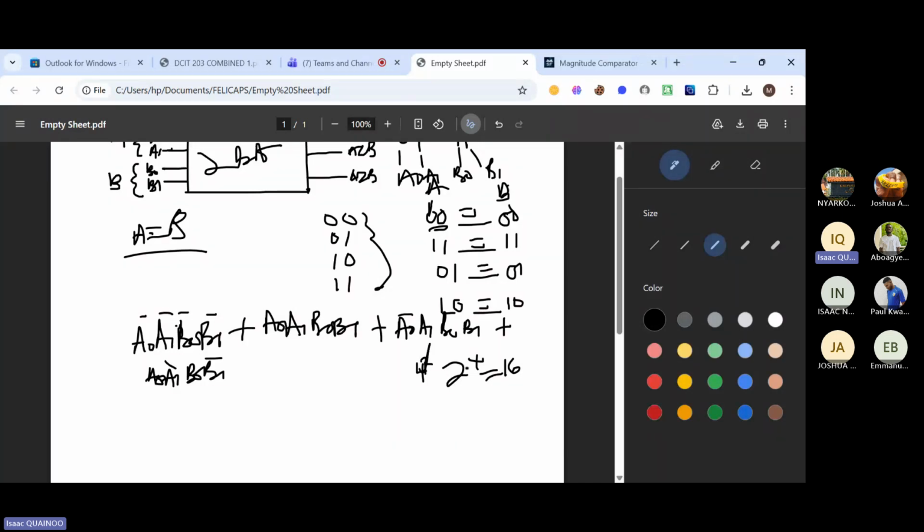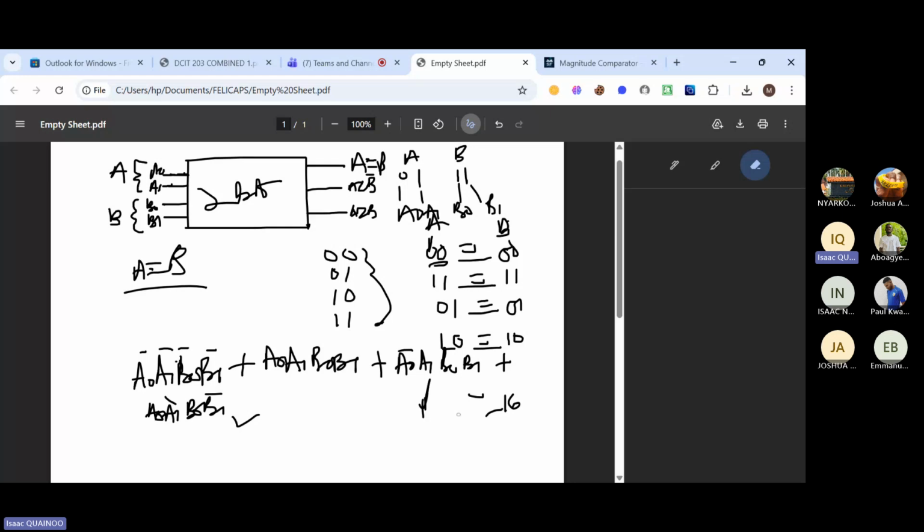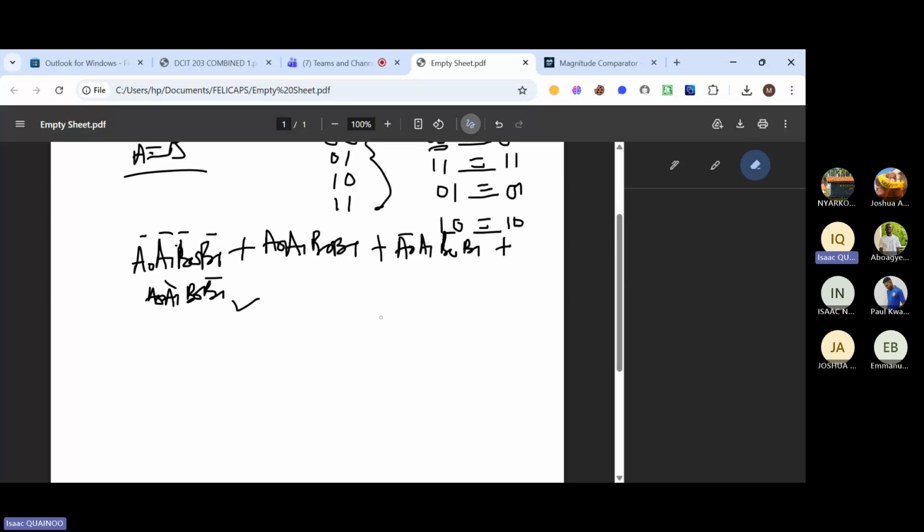But once you're able to understand things this way, you can always deduce your expressions very easily, for equality, lesser and greater than, without going through much hassle or struggle. But we realize that this expression is not properly minimized. We can minimize this further. So you can perform minimization for this expression.